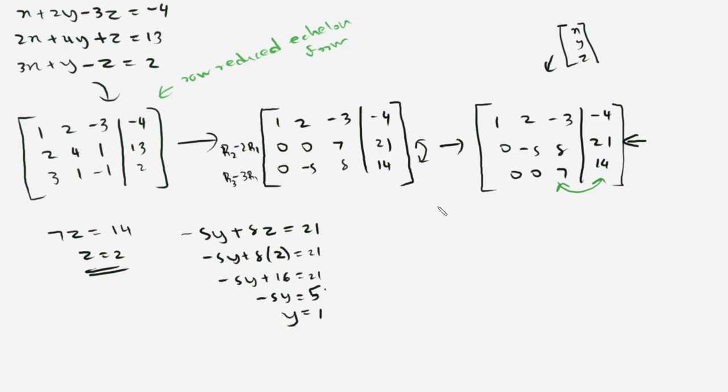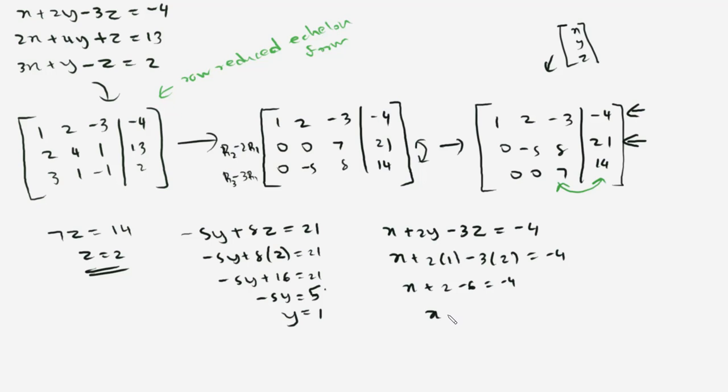Then we use the first row: x plus 2y minus 3c equals minus 4. Then y is 1, c is 2, so x plus 2 minus 6 equals minus 4, so x will simply produce 0.